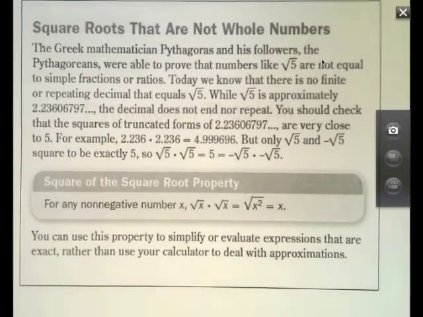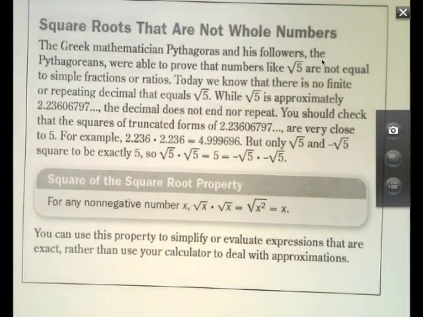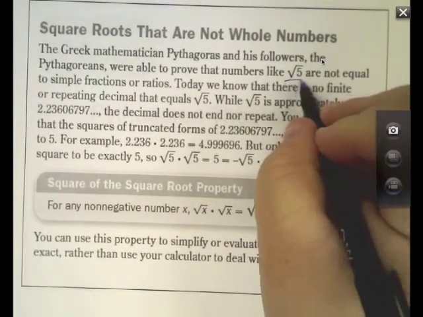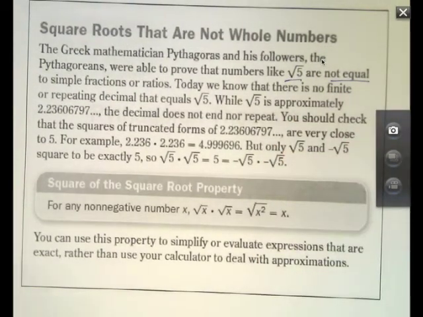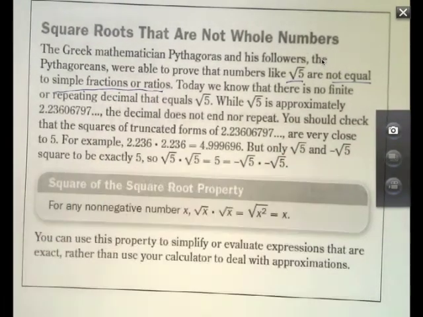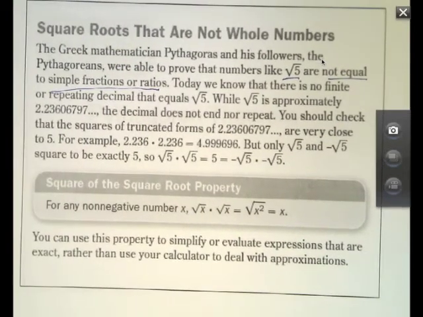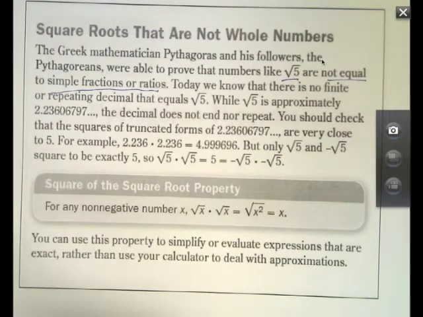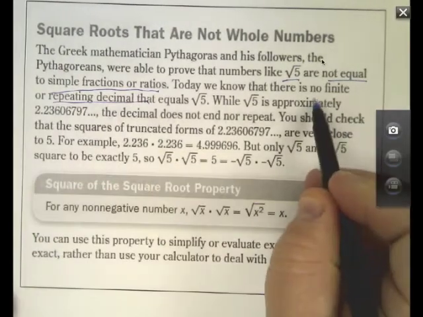So moving on. I think that's what we're going to talk about right down here. The mathematician Pythagoras and his followers, the Pythagoreans, were able to prove that numbers like square root of 5, square root of 17.3 are not equal to simple fractions or ratios.